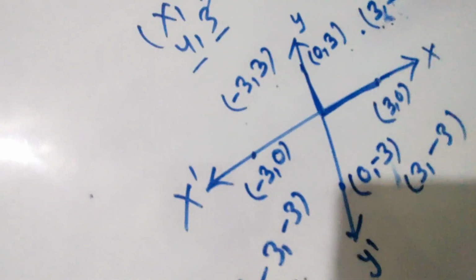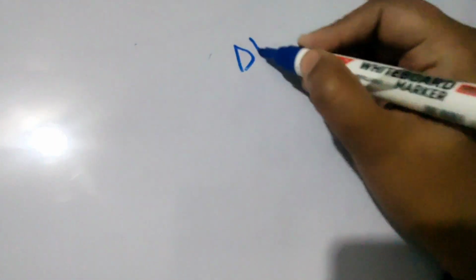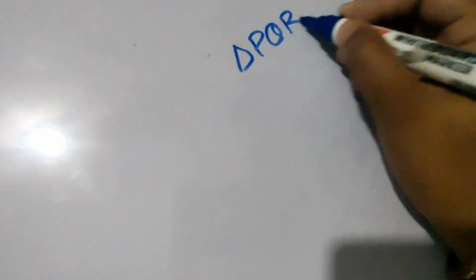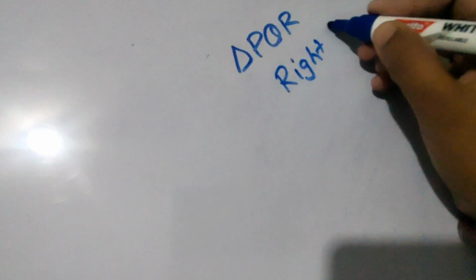Now go to the next topic, the distance formula. Triangle PQR is a right triangle.